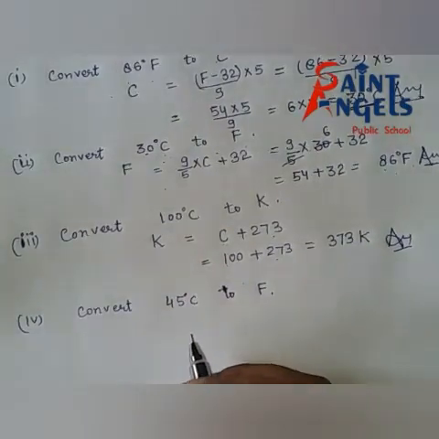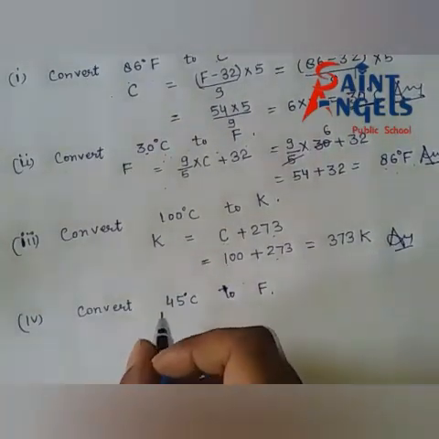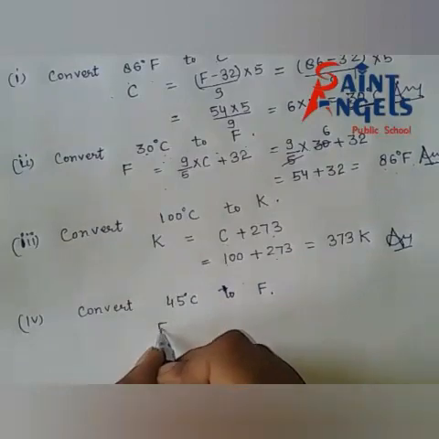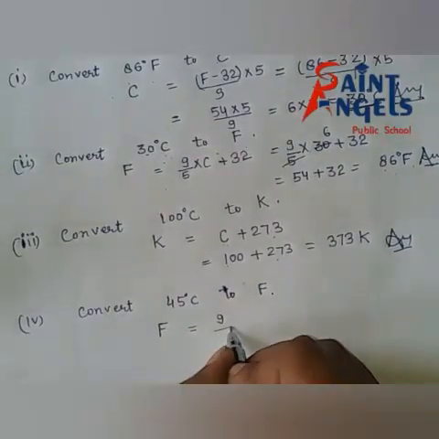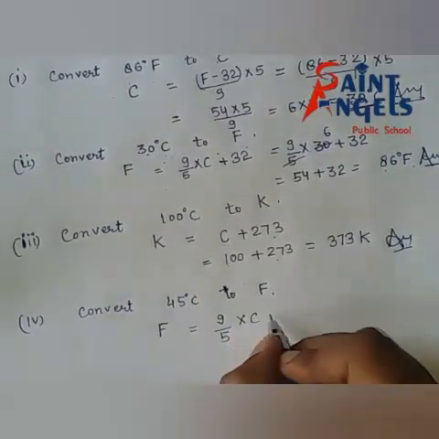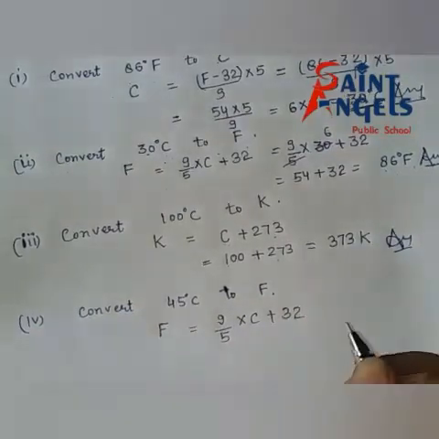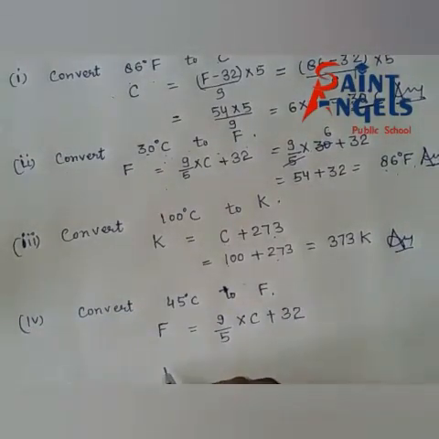Now another example: convert 45 degree Celsius to Fahrenheit. Then what is the formula? We have to convert to Fahrenheit. Fahrenheit is equal to 9 upon 5 multiplied by C plus 32. Students, you should learn these formulae.